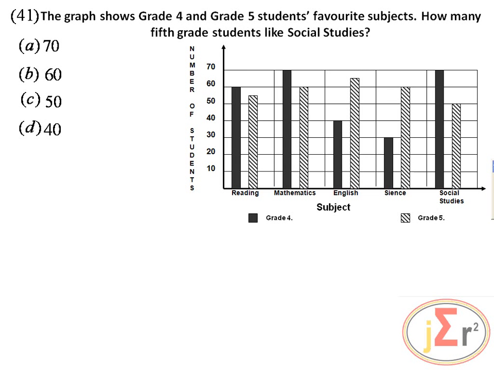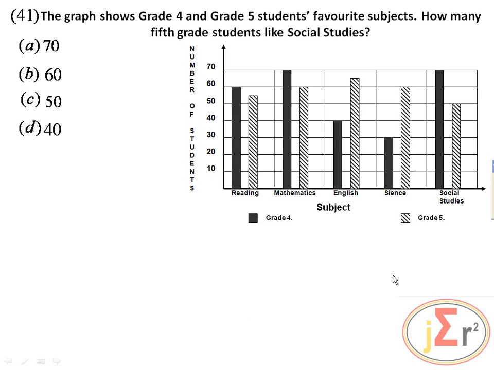What we have therefore is a double bar graph. So we have a double bar graph, and there is no doubt that we have the key to the bars right here.